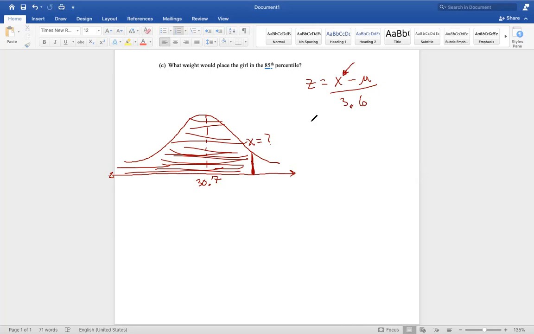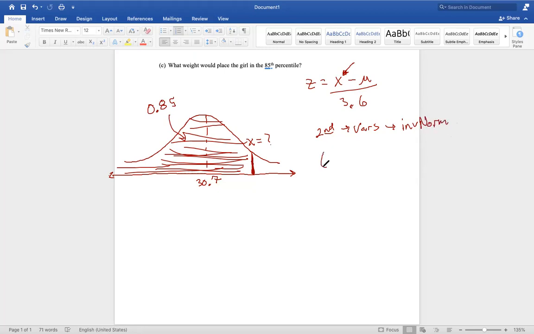Now, a shorter way to do this, to save you some time with multiple choice whenever you take the test, is go to second and then bars on your calculator, and you're looking for something that says inverse norm or INV norm. We're doing an inverse calculation. We already know the area underneath the curve. The area is 0.85. What we're trying to find is the value that has that area. So inverse norm is what we're looking for.